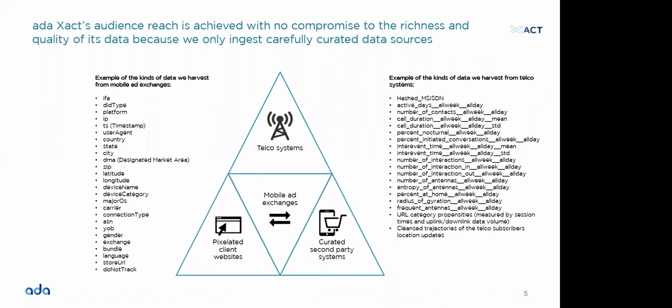Now, other things that are interesting include things like this. We compute a variable called % nocturnal. This is the percentage of time that the user is active on the telco network after 7 p.m. Now, this is of interest to marketers and advertisers that are keen to market to people who are active at night.